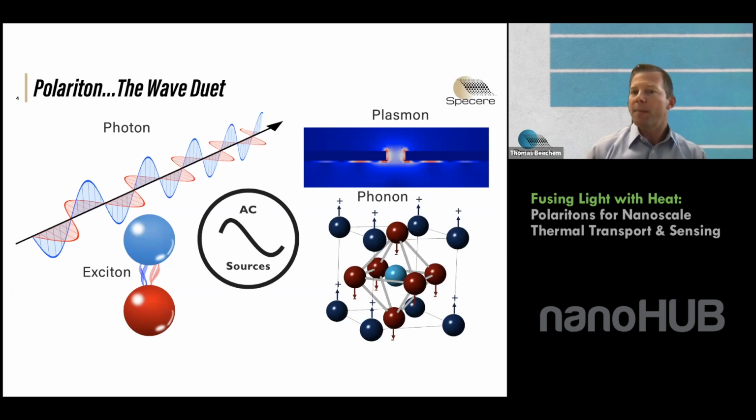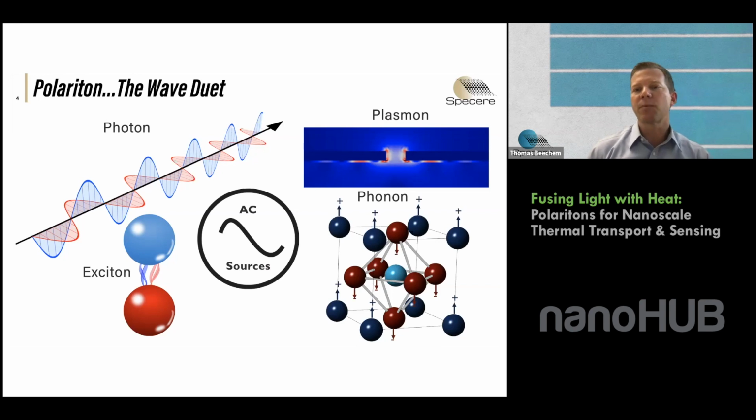And so from the nanophotonics community, I would say probably the most popular is obviously the plasmon polaritons. So these are our localized surface plasmon resonances that we use in home health diagnostics and things like that. And then maybe not as well utilized as the plasmon polariton are exciton polaritons, where we have this coulombic force between an electron and a hole.